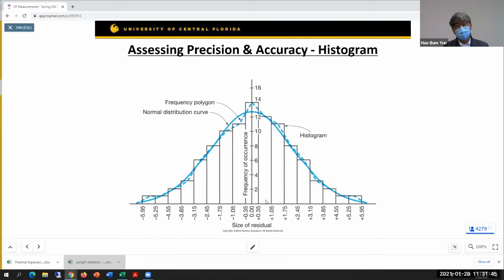In the histogram, the x-axis is the size of the residual, okay? Then the y-axis is the frequency, right?